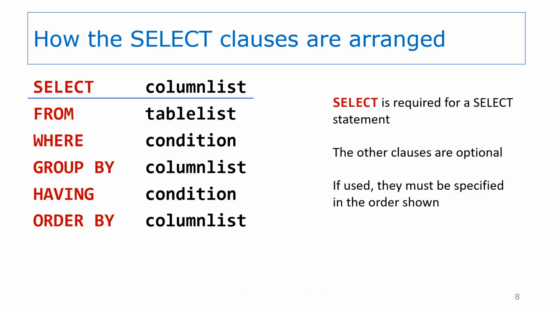Here is a list of the select statement clauses that we've worked with so far in this course. It turns out that to have a select statement, the only required part is the select keyword and a column list. Now, a select without any of the other clauses is not doing very much, so almost always you will have one or more of the other clauses.